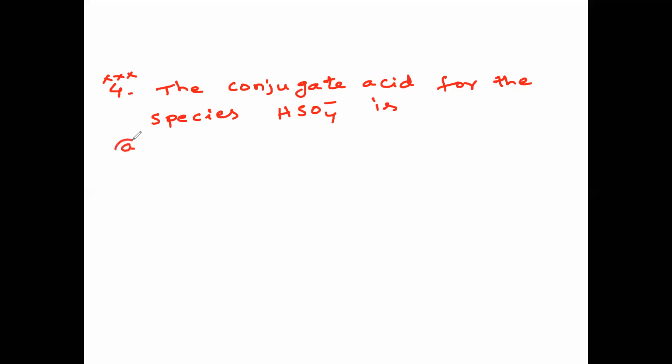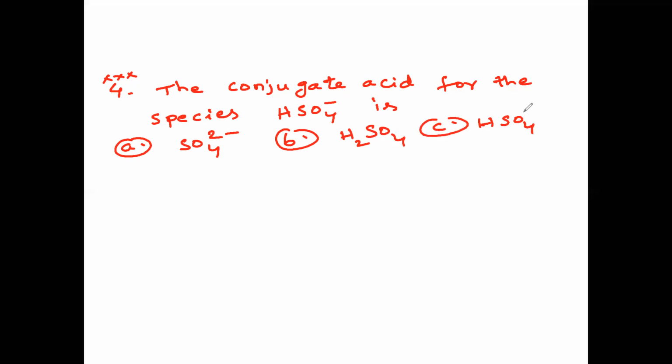Option A, it is SO4 2 minus. Option B, it is H2SO4. Option C, it is HSO4 2 minus. And option D is SO4 minus. So these are the 4 options. It is very simple and it's the most important question also.